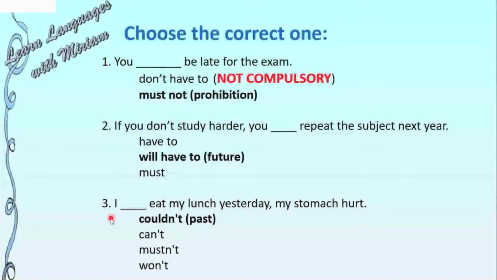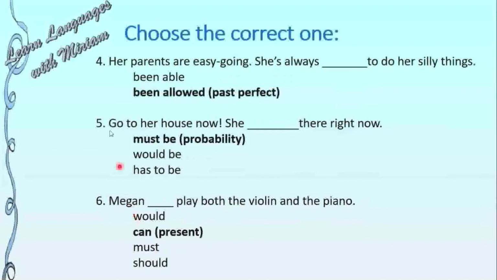And why not could or the other ones? Because it's an action that I couldn't do. It's an action that I was not able to do. So couldn't.